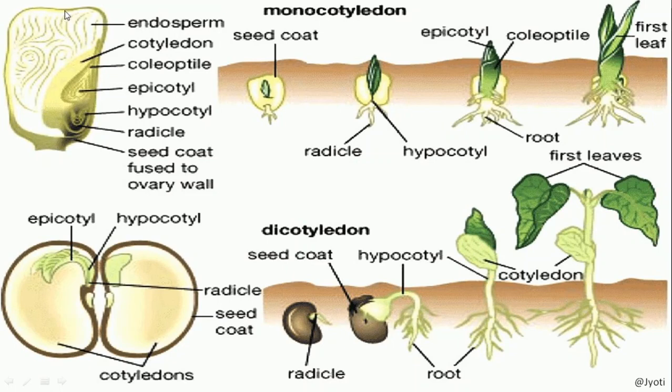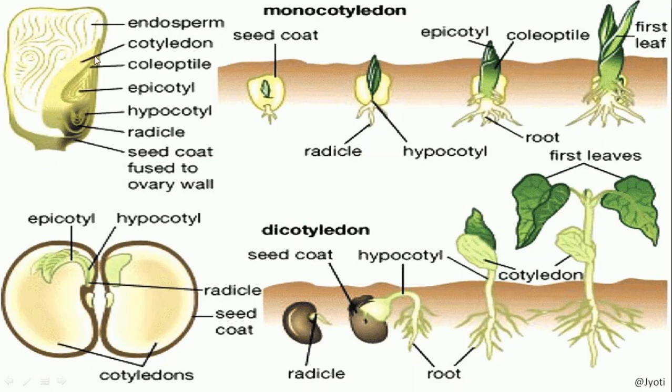Here you can understand more clearly what a cotyledon, a monocotyledon and a dicotyledon are. This is the longitudinal section of a grain. Here you can see an embryo that is developing into a plantlet. This embryo is present inside a seed, so you can consider this a seed.